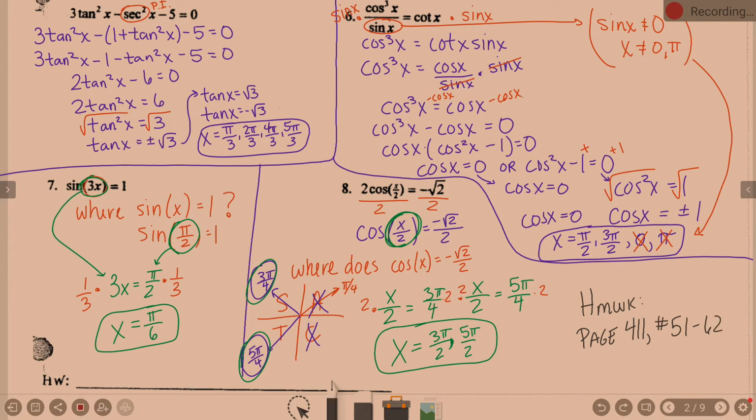And I told you guys yesterday, on the interval 0 to 2 pi. So if your directions give anything else, don't worry about it. Do what I've taught you, which is on the interval 0 to 2 pi. Okay? You guys have a little bit of work time.